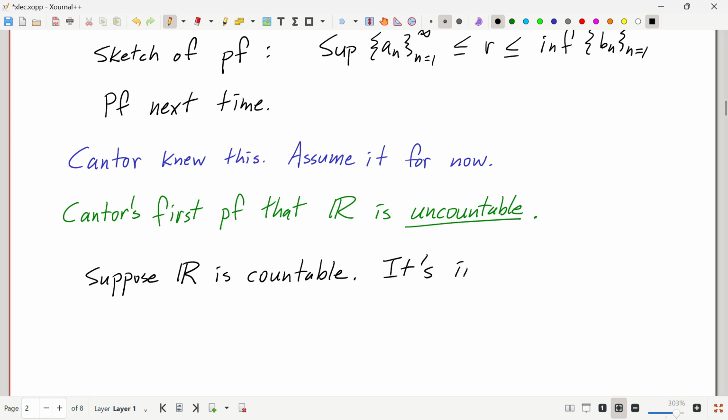It's infinite because, for example, the natural numbers are in there. So countable in this case means that it can be put into one-to-one correspondence, so it's not finite.